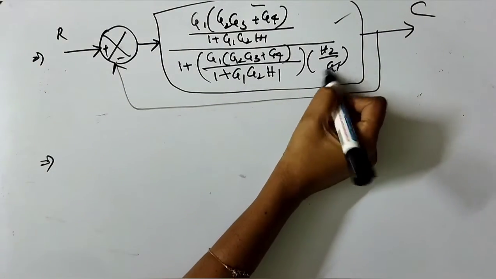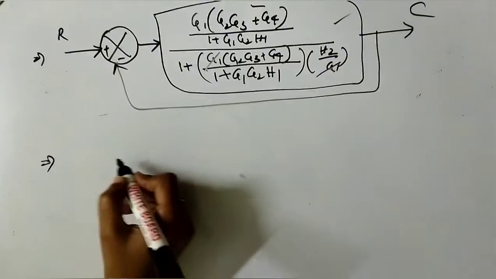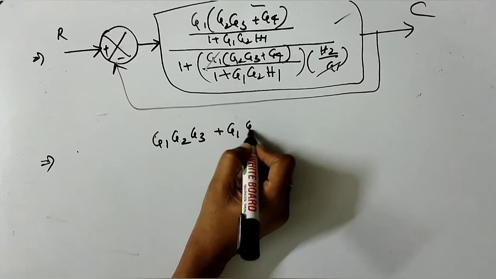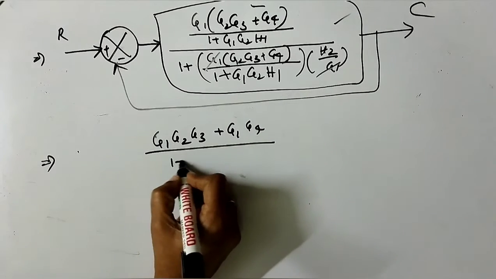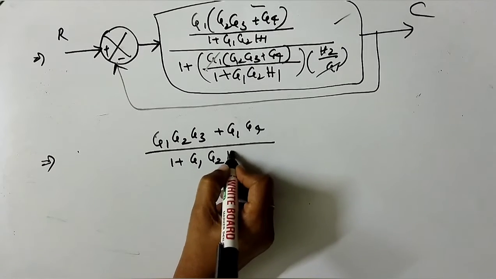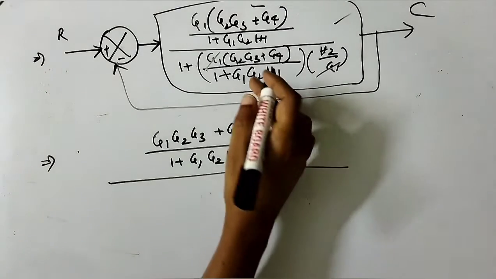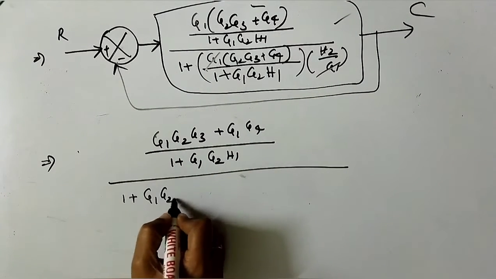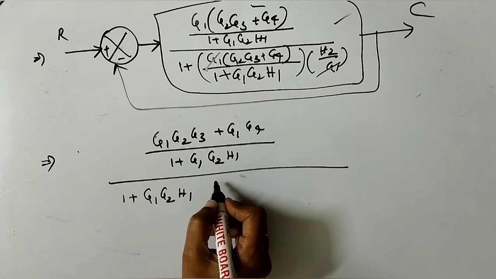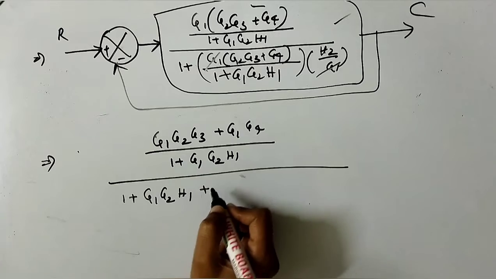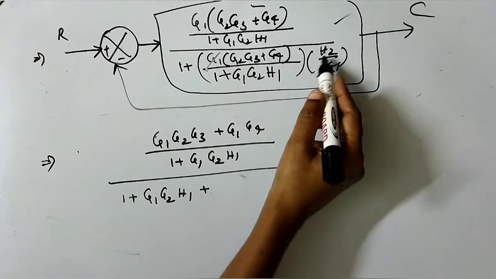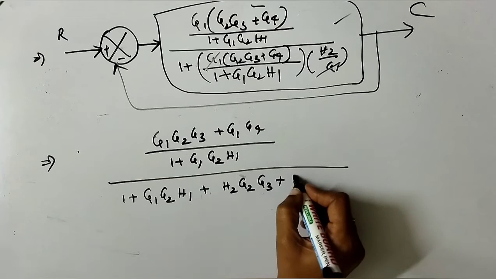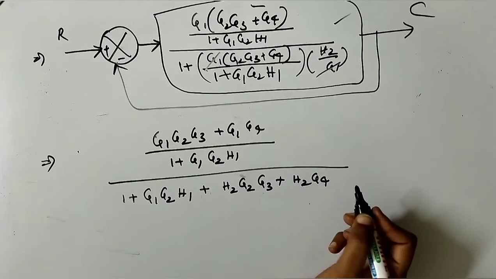G1 is anyhow cancelled, giving G1 G2 G3 plus G1 G4 by 1 plus G1 G2 H1, and by 1 plus G1 G2 H1 plus H2 into G2 G3 plus H2 into G4.